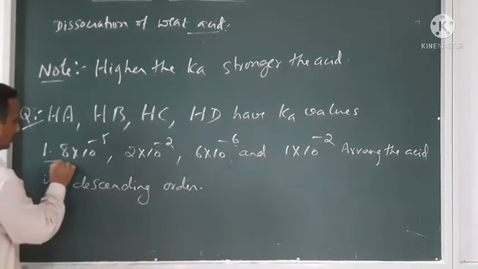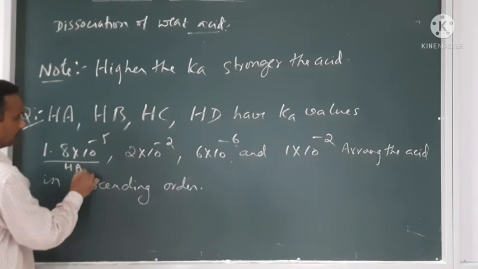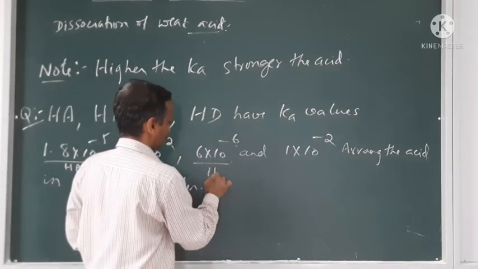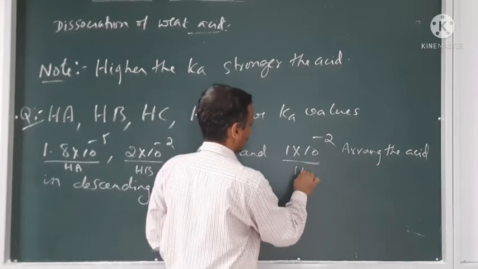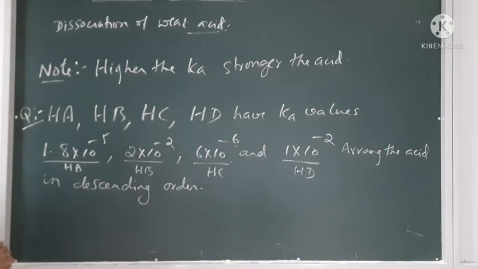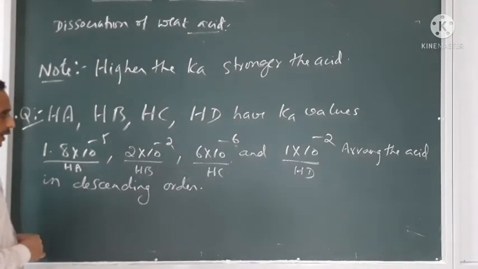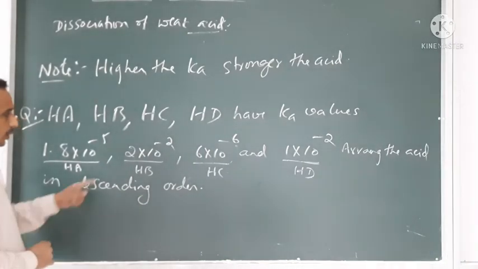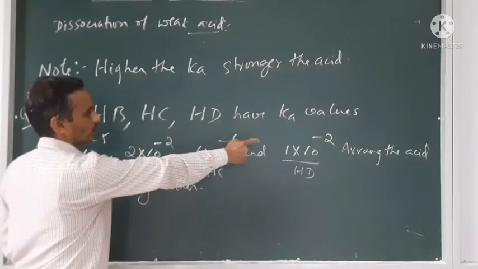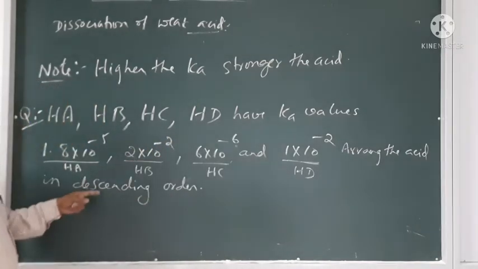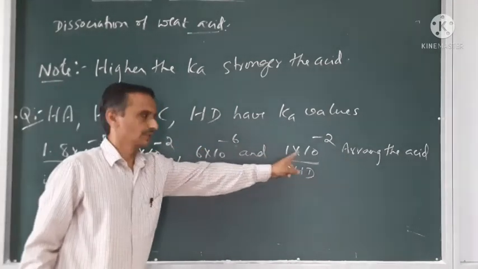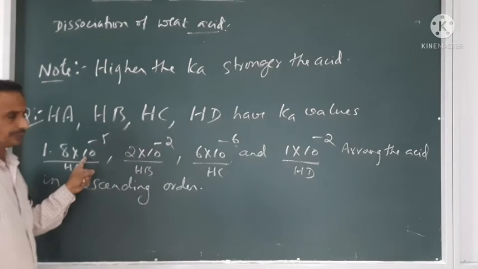This is for HA, this is for HB, this is for HC, and this is for HD, our acid solutions. Now see here, the highest value. This is 2 into 10 to the minus 2, and that is 1 into 10 to the minus 2. Definitely 2 into 10 to the minus 2 is greater than this. Where is this wrong? Lesser only.